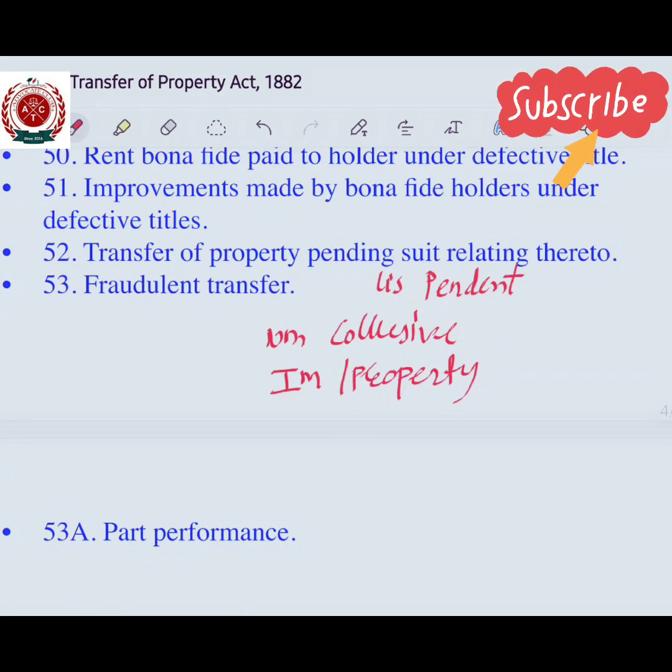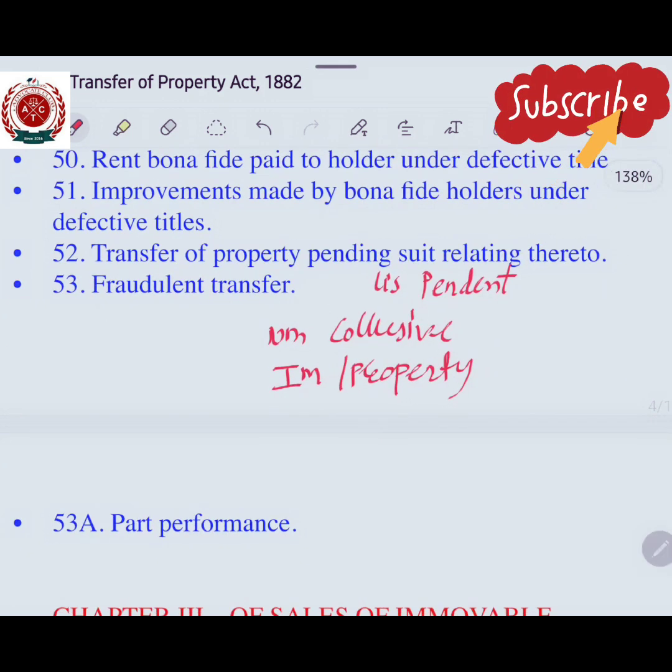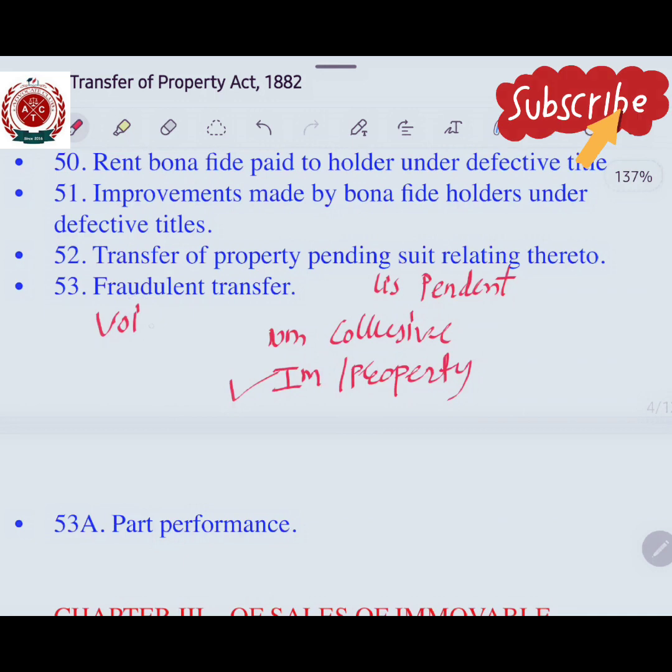The next important section is section 53. It is a fraudulent transfer. Fraudulent transfer is for immovable property, and a fraudulent transfer is voidable. It is not void or valid. It is voidable, at the option of the creditor.